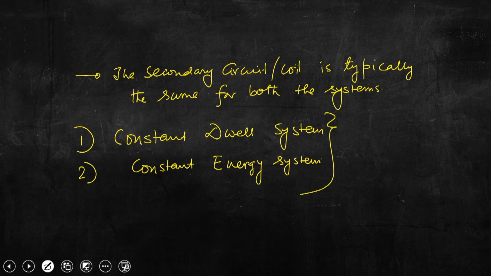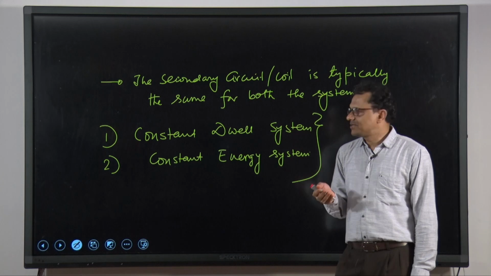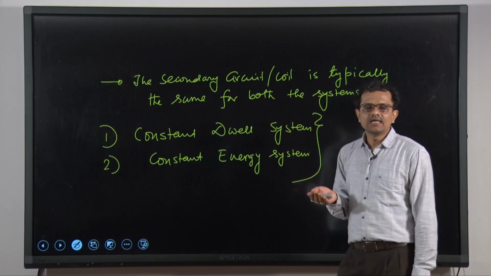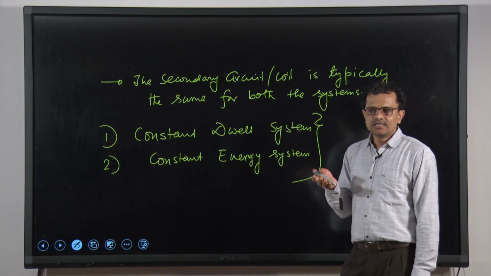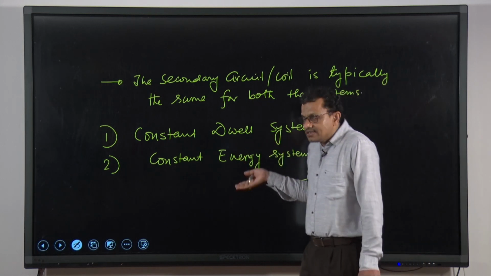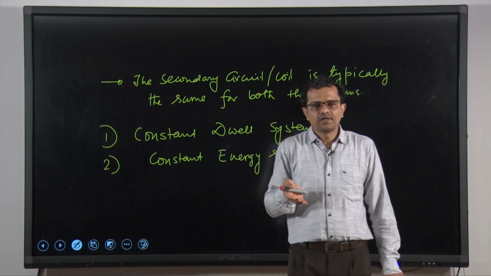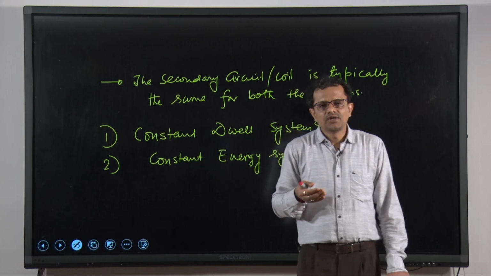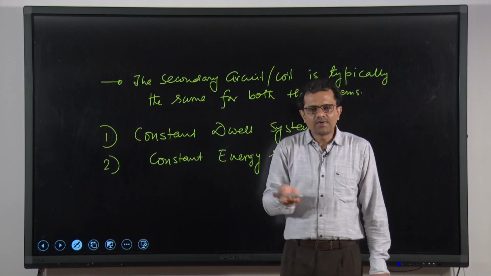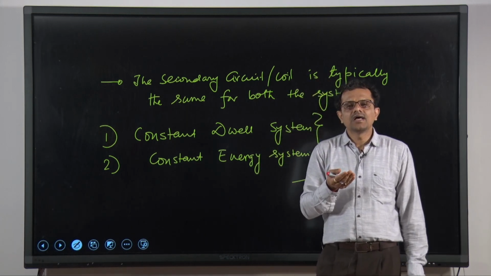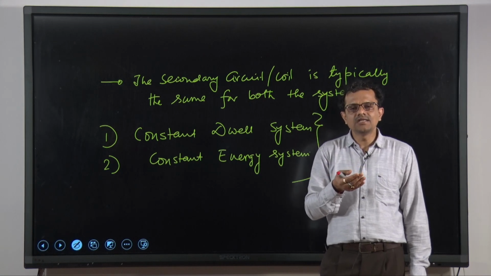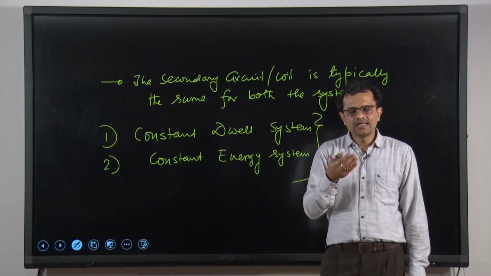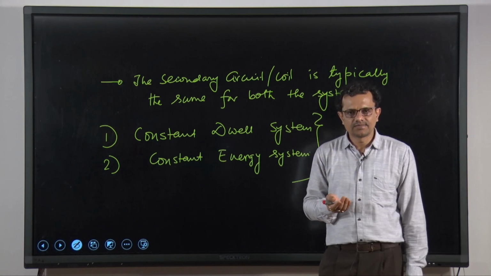These two different systems are developed essentially to modify the battery ignition system, and these two strategies have been developed to improve the battery ignition system and to meet the requirements of modern engines, essentially from the perspective of less emission and higher performance.